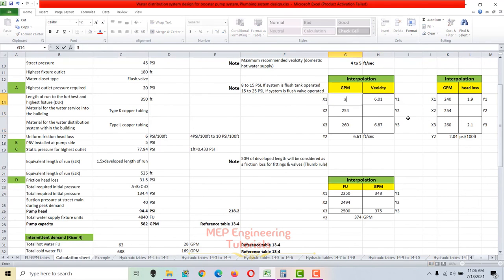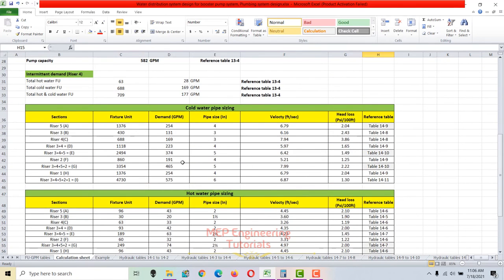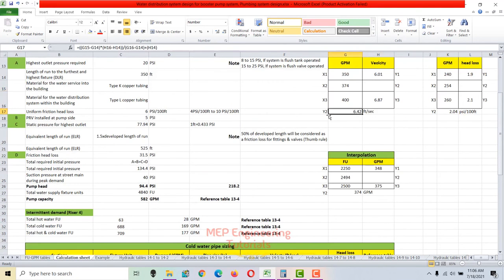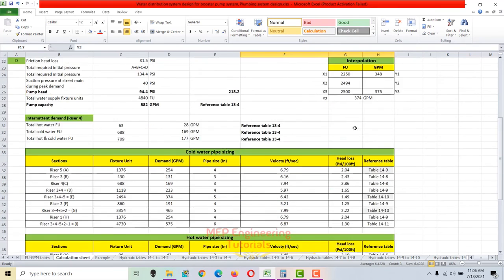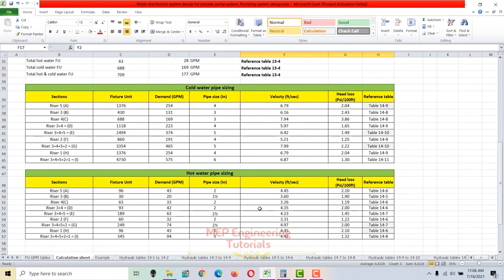This one is at 350, this one is at 400, and we need to check at 374. At 374, the velocity calculated using the interpolation formula is 6.42 feet per second. So we have right here 6.42 feet per second.